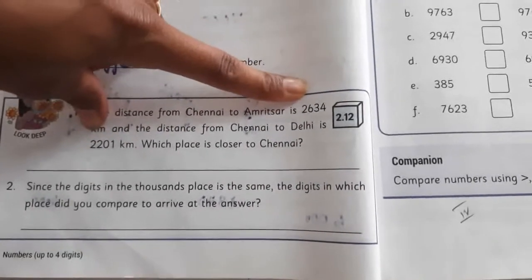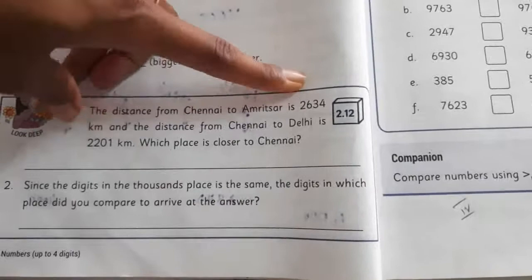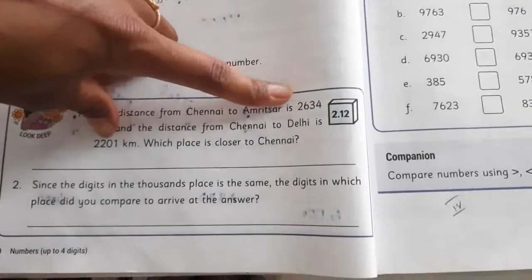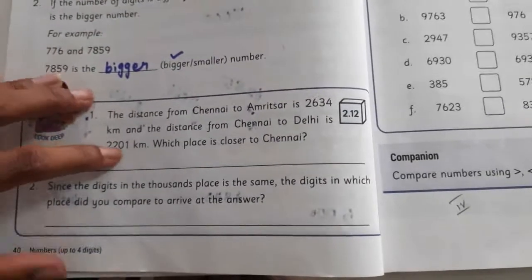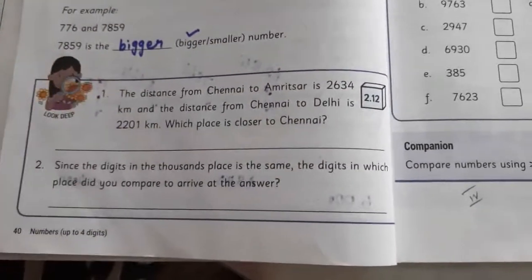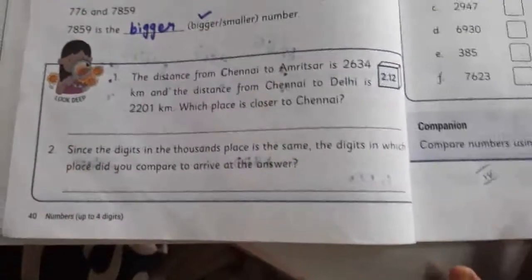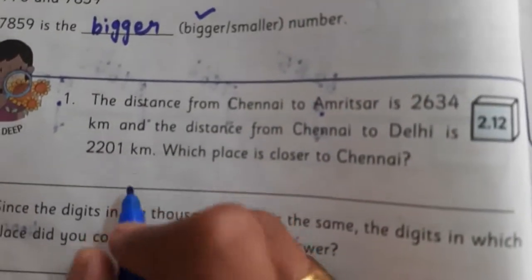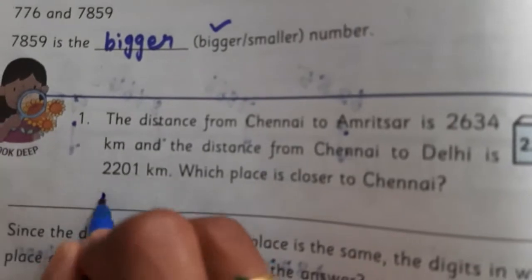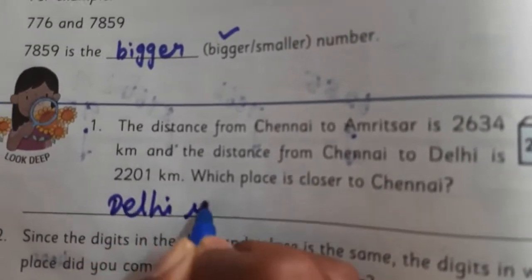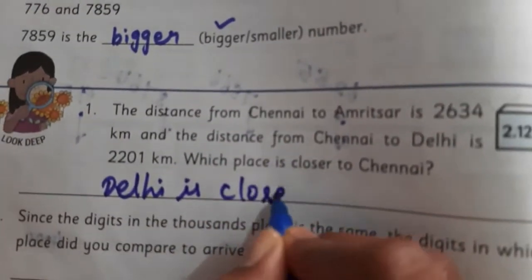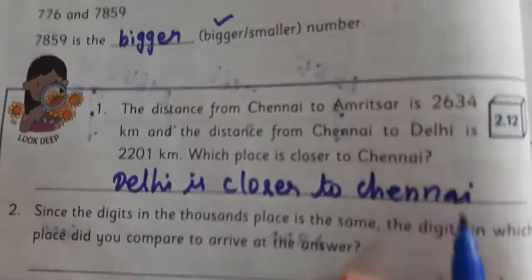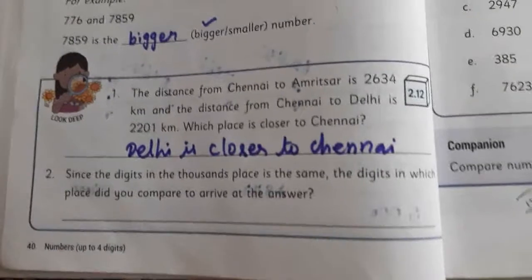In case the highest place is the same, we should see the next place. Here 2, here 6. So which is the lesser number? 2201 kilometers. So which place is closer to Chennai? Yes, Delhi is closer to Chennai.